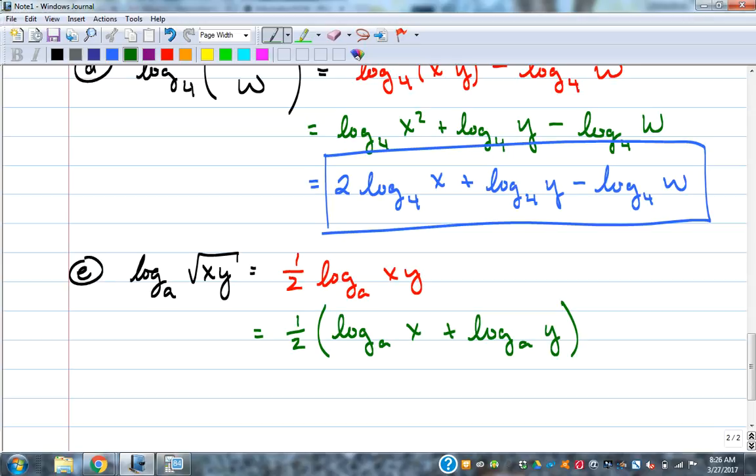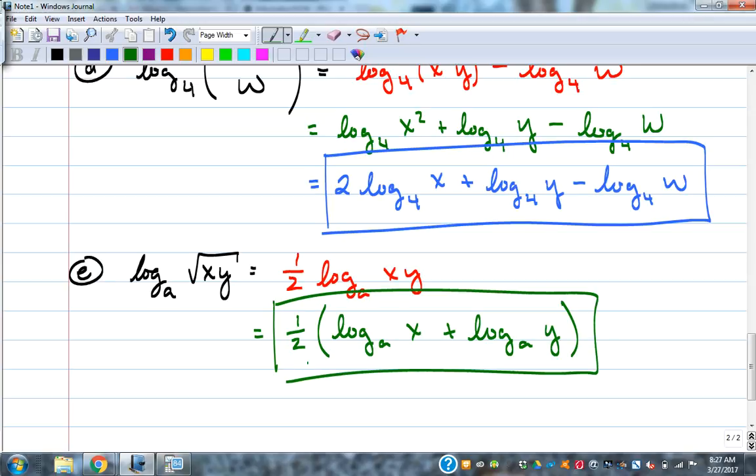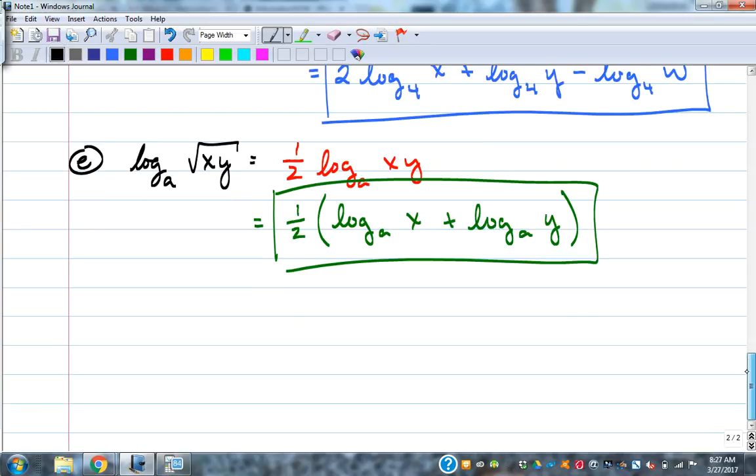Also, if you had the 1/2 distributed, which you would have arrived at if you had split this apart into square root of x times square root of y, you would have ended up at the same place. It's equivalent answers. So that's acceptable, or distributing the 1/2 would have also been acceptable.